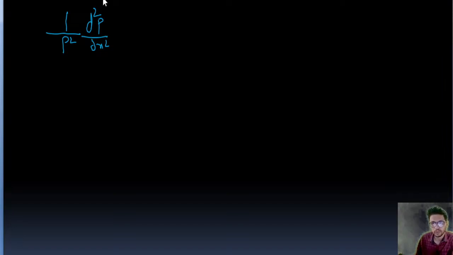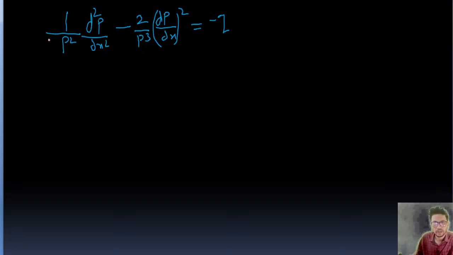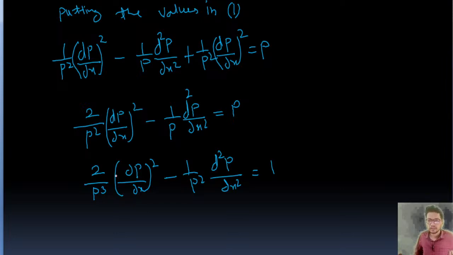So this is going to be 1 upon p square d2p upon dx square minus 2 upon p cube dp upon dx whole square. This is going to be equal to minus 1, okay? Simple thing, we have multiplied by minus 1. So this will be plus, this minus, and this side will be minus, right?